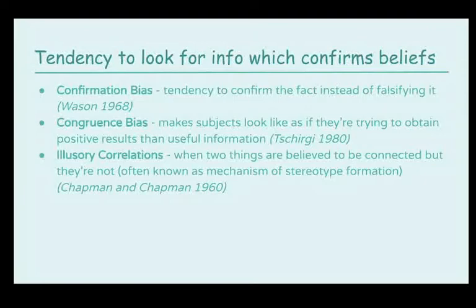Usually, in real life, we start to see how certain races or certain behaviors are associated with certain kinds of things. Like in the slides, an example of this would be how stereotypes are formed. And a study that supports this is the Chapman and Chapman study in the 1960s.